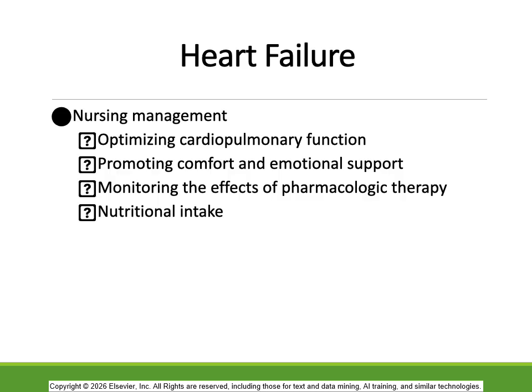We need to promote nutritional intake for healing, whether through a gastric tube or orally. And then monitor them via hemodynamic lines and hemodynamic parameters to assure that we are heading in the right direction. These patients can be quite sick, as you've seen, so nursing has a huge role in the management of these patients.